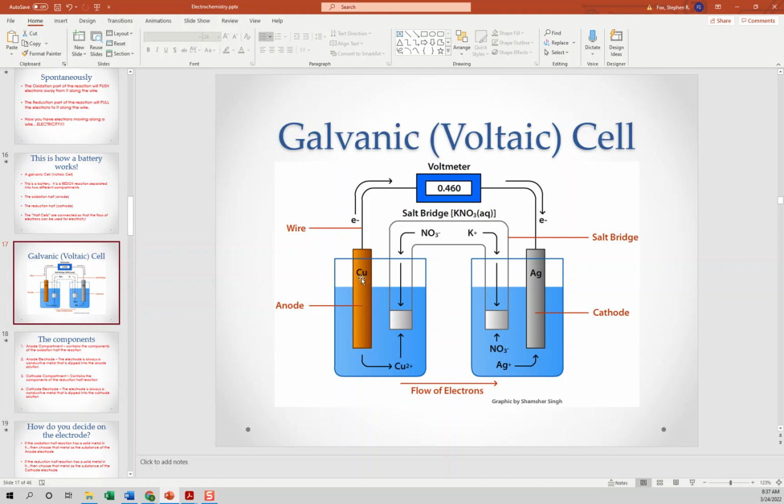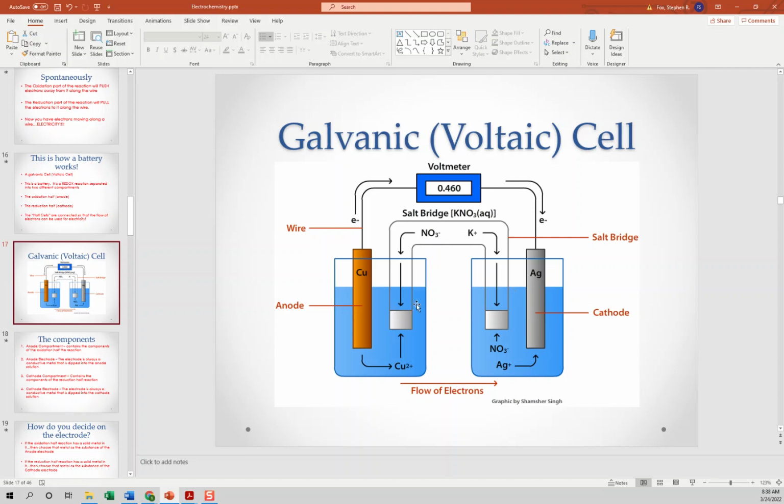Notice this is where electrons are leaving. Electrons being produced is oxidation, so this is our anode half. The electrons go across the wire towards our silver, but it's not reducing the silver solid, it's reducing the silver ions that are in solution. As that electron comes into this cell and adds itself to a silver plus ion, the silver plus ion becomes solid neutral silver, and it happens right at the surface of the electrode, and the silver will plate onto this electrode.